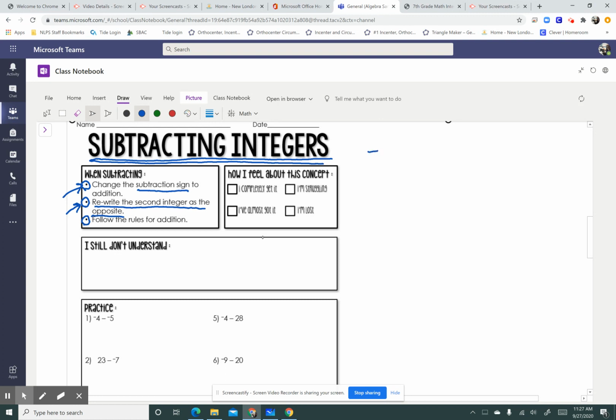So if the integer is a -6, we'll change that to a +6. If an integer is a positive number, like a 5, remember the positive sign is invisible, then we'll change that to a -5. That's only the second number that we're changing, not the first number. So let's get started.